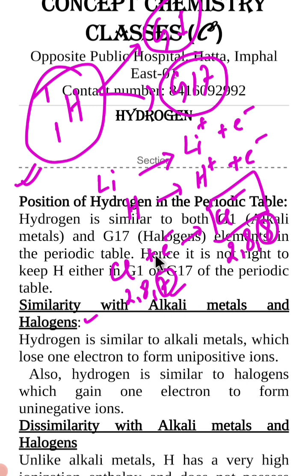In the same way, hydrogen can also accept one electron to form hydride ion. So in electronegativity, the tendency to gain electron, hydrogen is similar to group 17 elements, while in electropositivity, hydrogen is similar to group 1 elements, alkali metals.